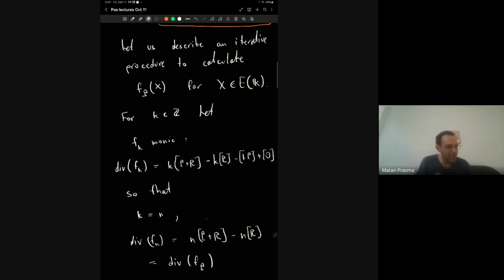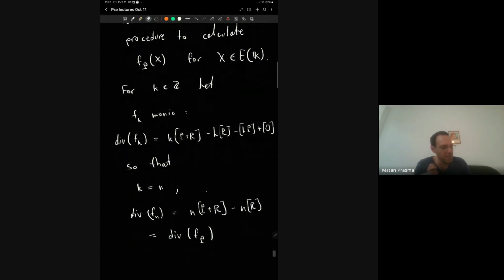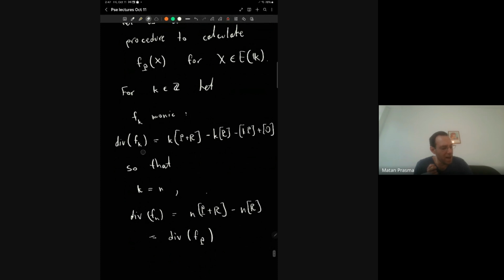I can repeat. We will not finish the Miller algorithm today, so I will repeat next time anyway. But basically, I'm still in the reduction steps. I'm saying I want to calculate f_P.